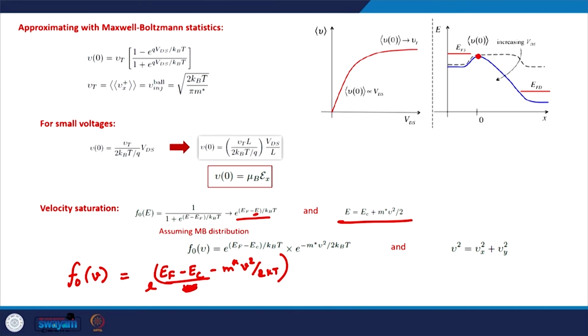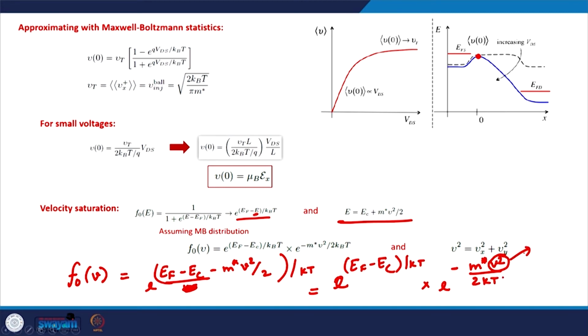This kT is the common denominator here. This constant part can be taken out, which is exponential of (EF minus EC) by kT times exponential of minus m star v square divided by 2 kT. And now this v square is actually the two-dimensional velocity.